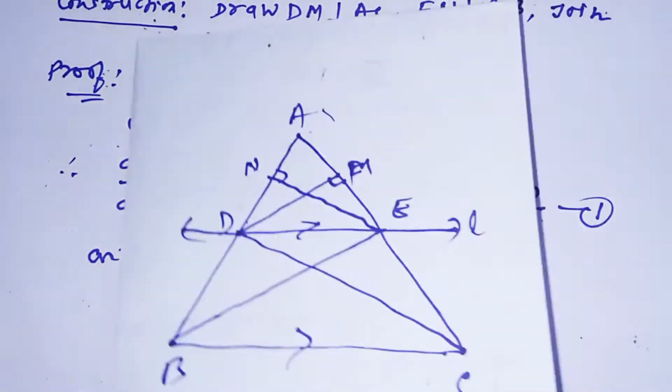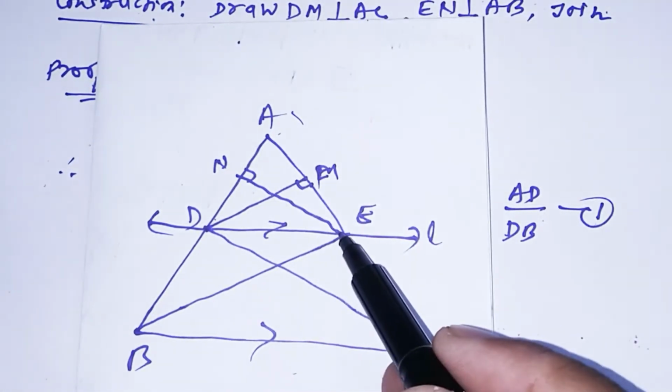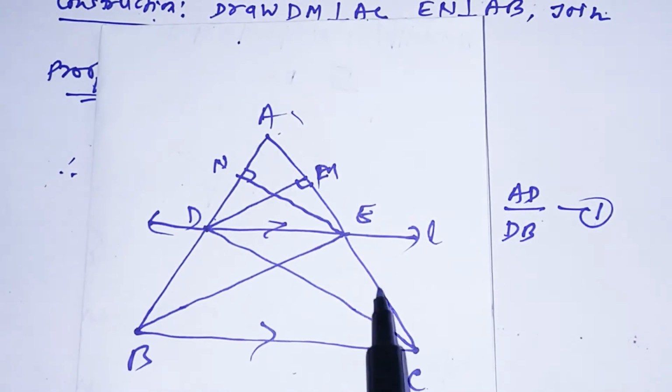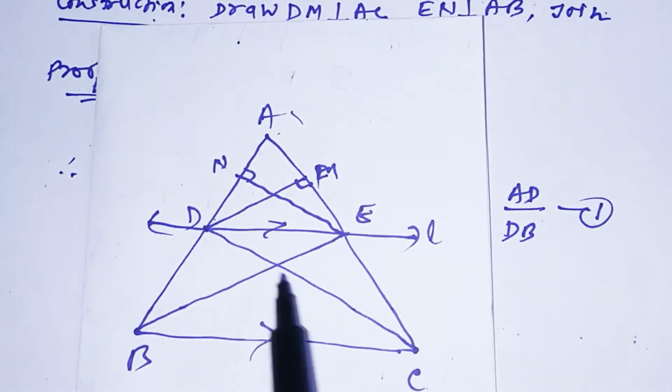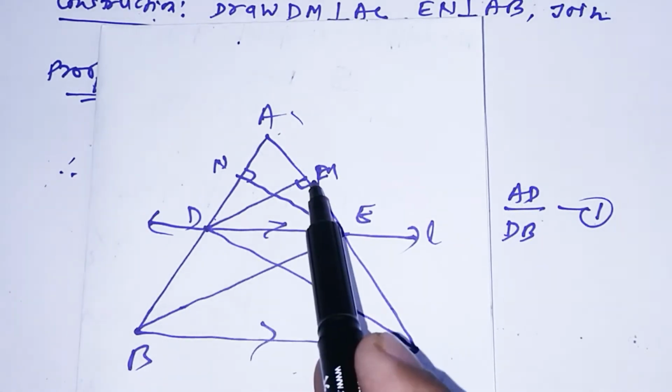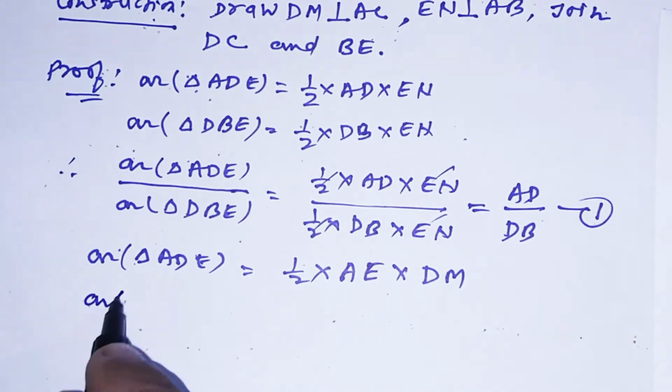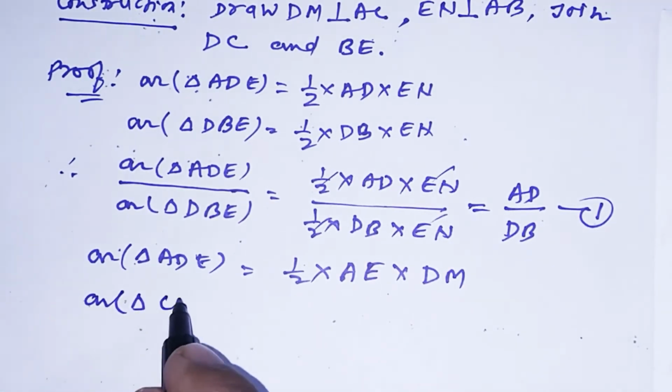I hope you understood. If we take AE as the base, then DM is the height. Again we are talking about the area of triangle CDE. So EC we will take as the base this time, then DM will be the height. So now the area of triangle CDE.